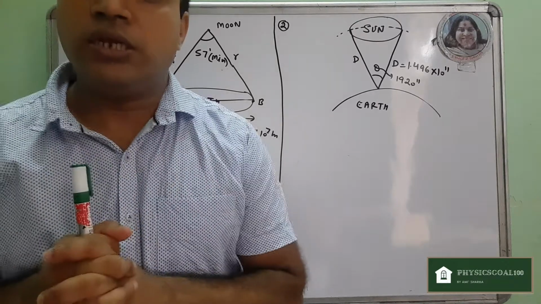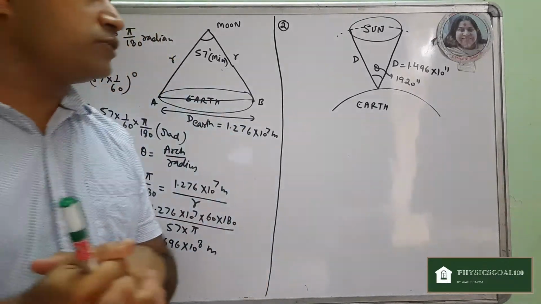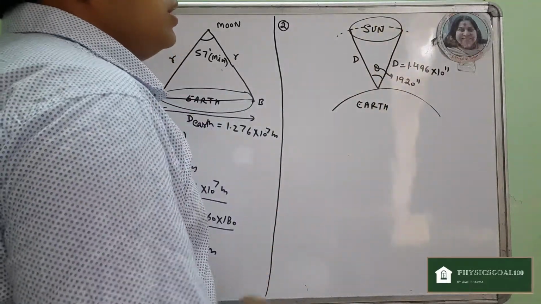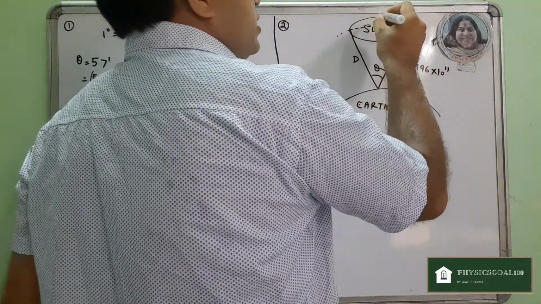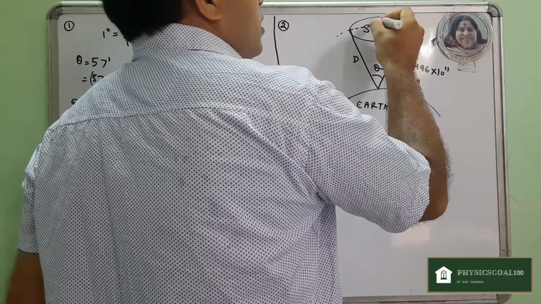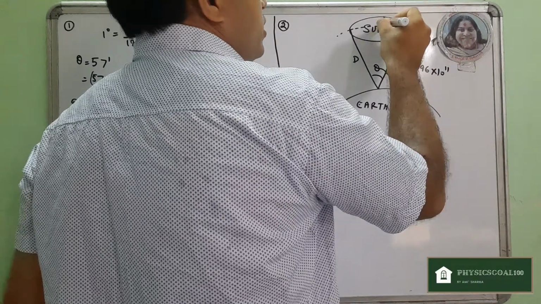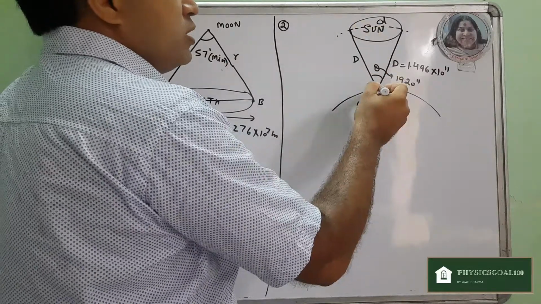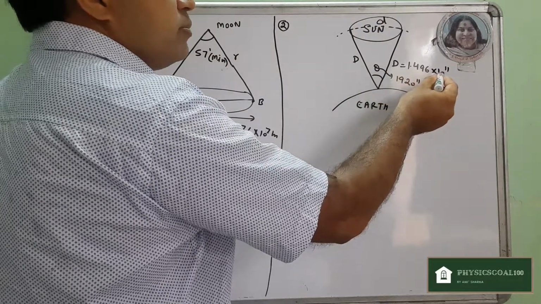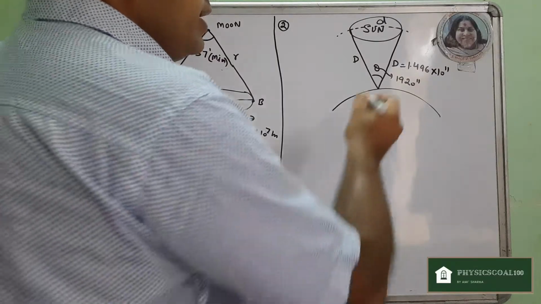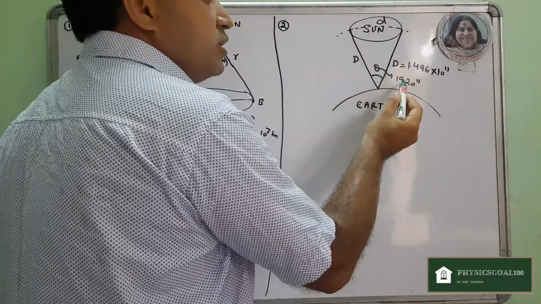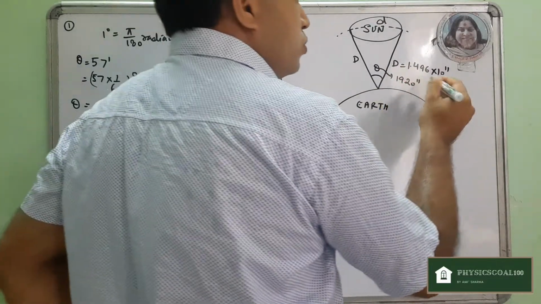Another question in the same pattern is, suppose a sun whose diameter I assume to be small d, and the distance of sun from the earth is 1.496 into 10 की power 11, that is 1 astronomical unit, and the angular diameter of the sun is given 1920 seconds.